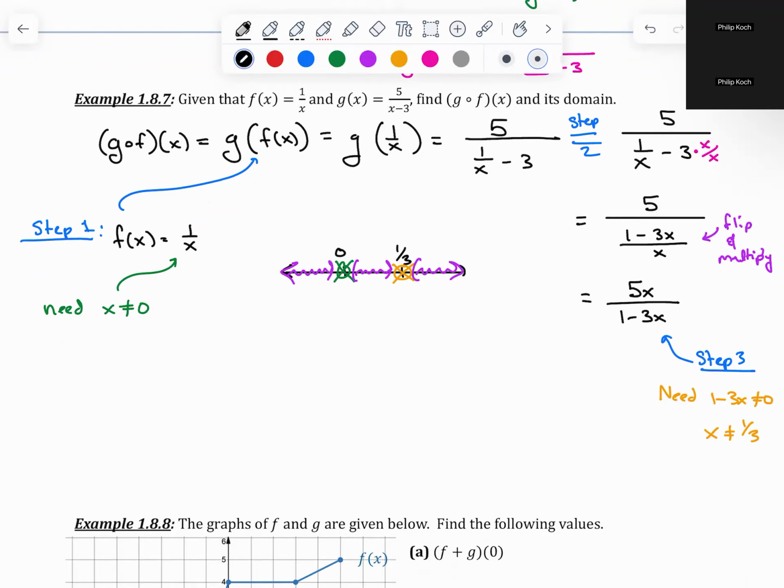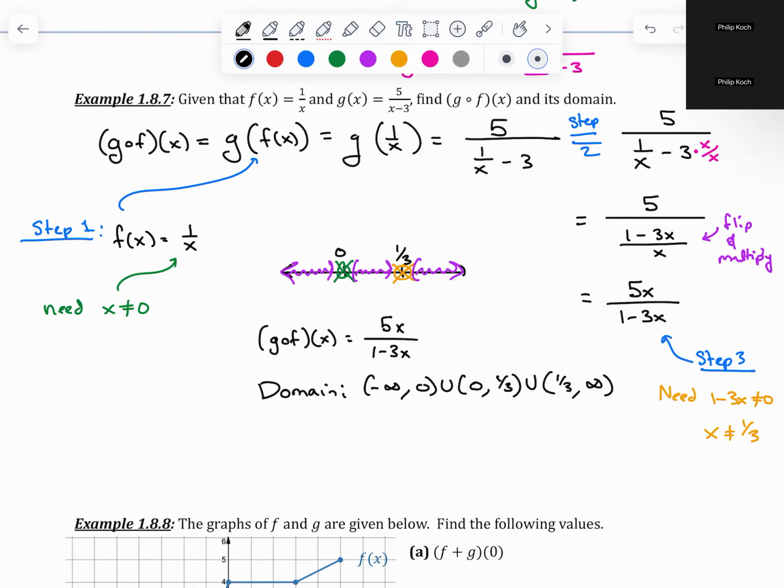So g composed with f of x is equal to 5x over 1 minus 3x, and the domain is negative infinity to 0, union 0 to 1/3, union 1/3 to positive infinity.